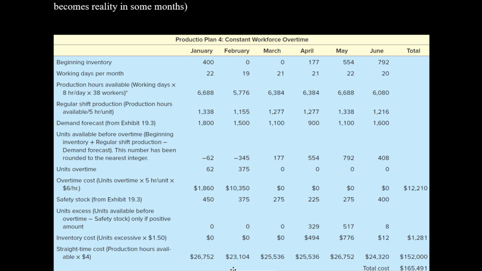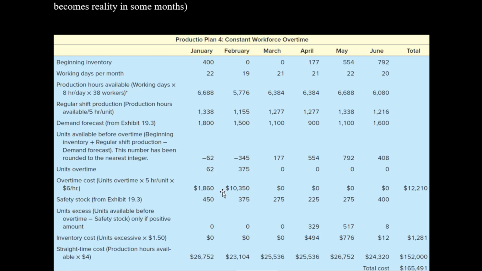We do not have any beginning inventory here, and our overtime units, where we are running short, are 345. So units overtime will be 375. This 375 is a typo error. It should be 345 only. Units overtime into 5 hours per unit into 6 gives this calculation.